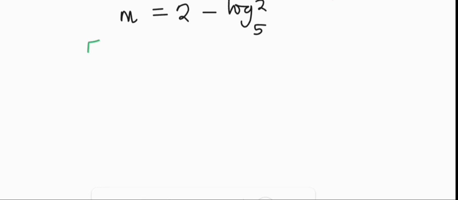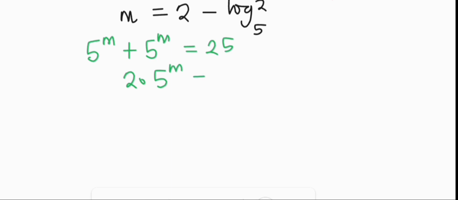The original equation is 5 to the power of m plus 5 to the power of m, and that's equal to 25, which can be written as 2 times 5 to the power of m is equal to 25.